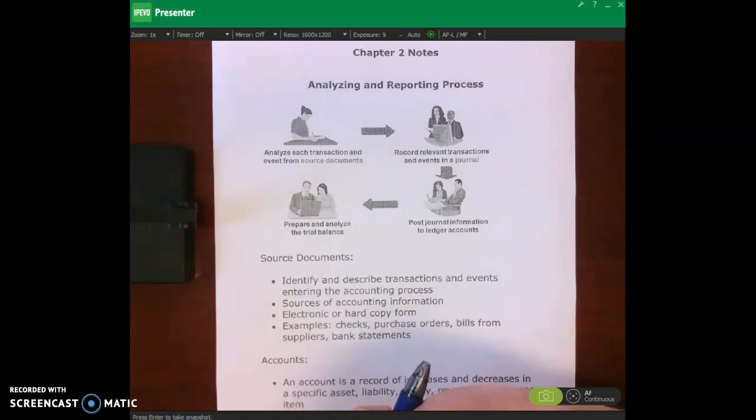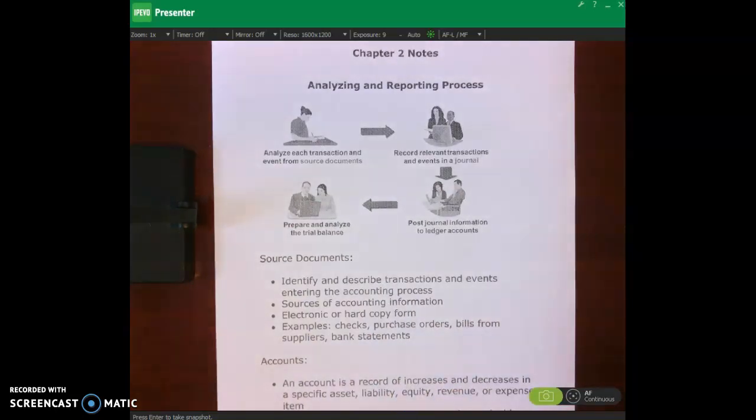So in this course, a solid understanding of Chapter 1, Chapter 2, Chapter 3, and Chapter 4, if you have a good understanding of those chapters, the rest of the course will just make sense. So the core knowledge comes from these first 4 chapters, okay?